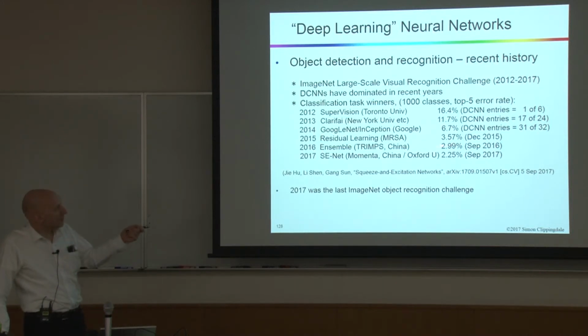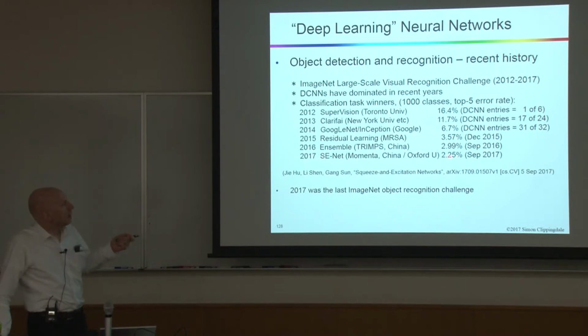But they got this down below 3% now. Not quite such a big percentage reduction, but when you're down at this kind of level, it's really difficult to do much better.